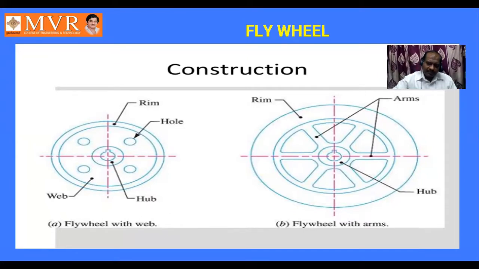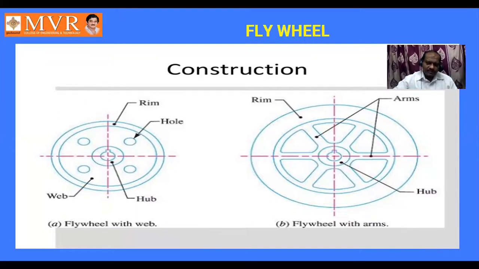At the same time, breadth is also to be considered. If you take a ring, the ring has a circular diameter, a thickness, and a width. These three parameters we have to find for this flywheel.